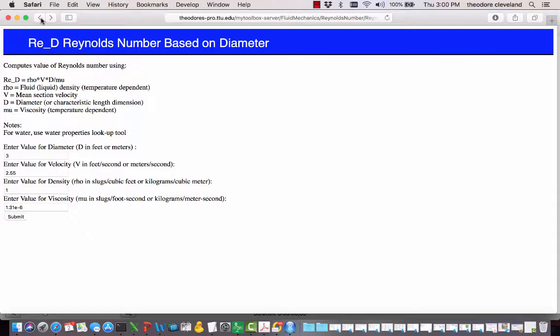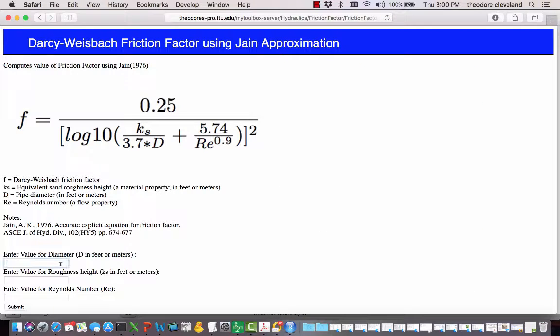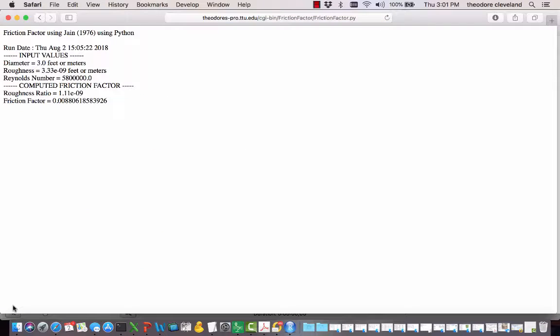With that information, I can go get a friction factor. Value for diameter is 3. Roughness height 0.333 E minus 8. A Reynolds number 5.8 E6. Hit submit. Friction factor is 0.008. Go back and compute a velocity.